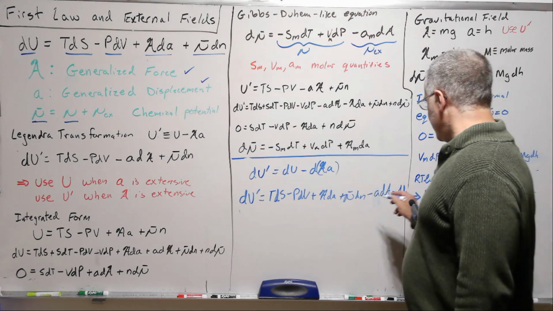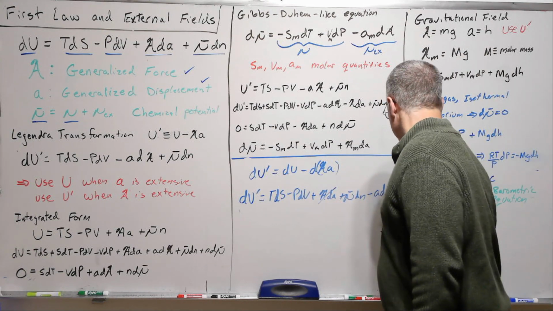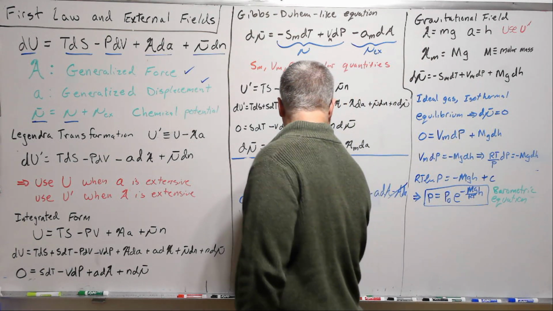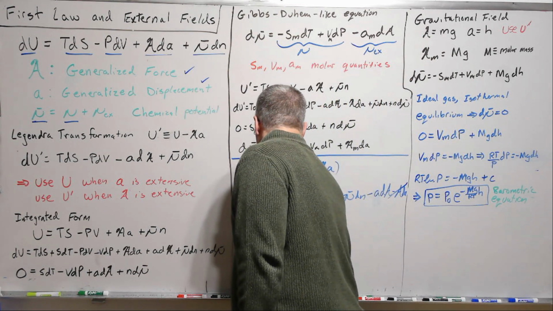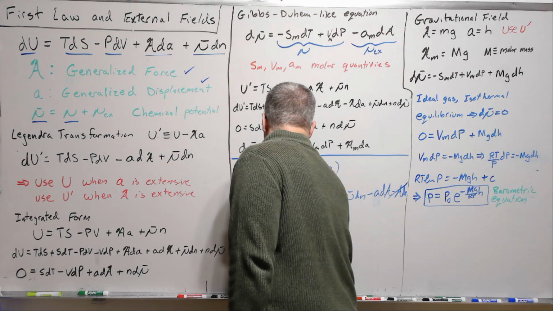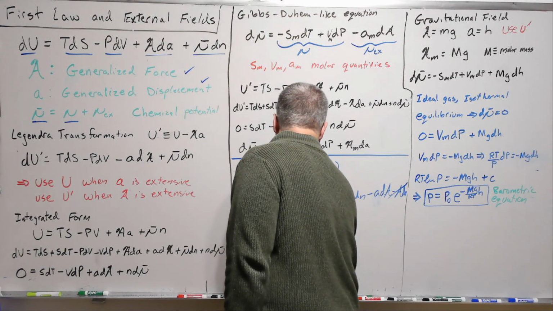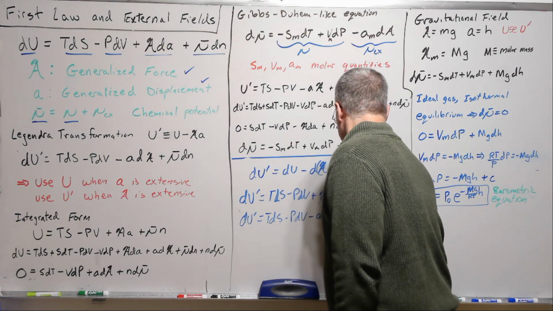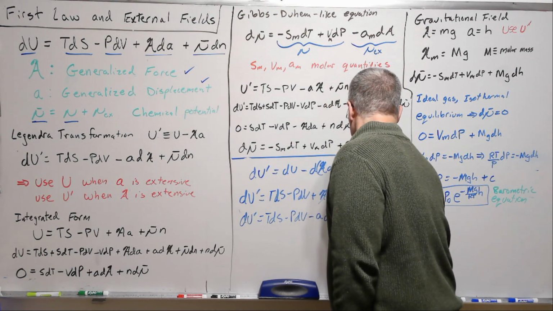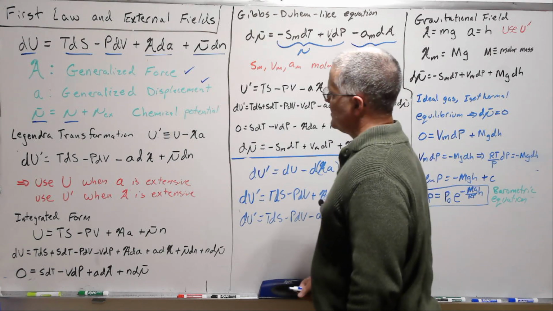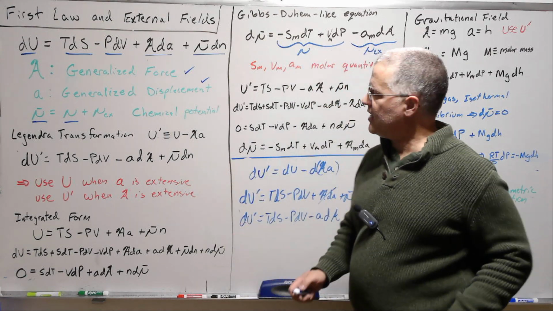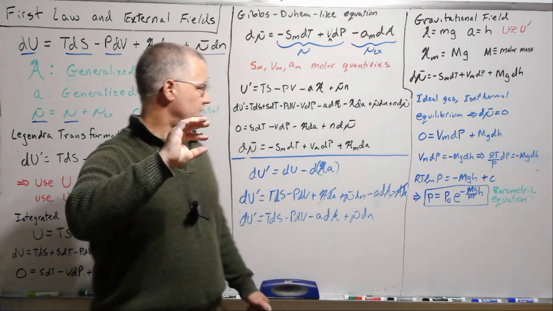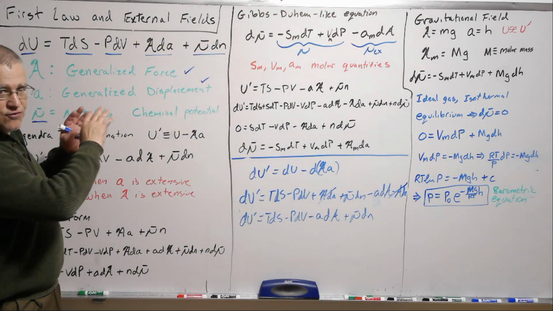And so we find some things that cancel, and we are left with dU prime equals TdS minus pdV minus little a d(fancy A) plus mu bar dN, which is what we have right here. So that's the Legendre transformed, where we flip out the generalized force and generalized displacement.